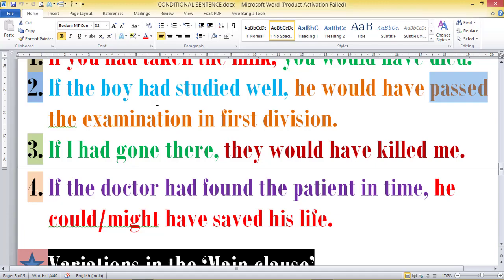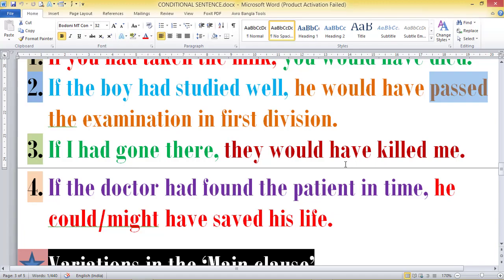The boy did not study well, for which he could not pass the examination in first division. Now let's go to the third sentence. The third sentence is, if I had gone there, they would have killed me.